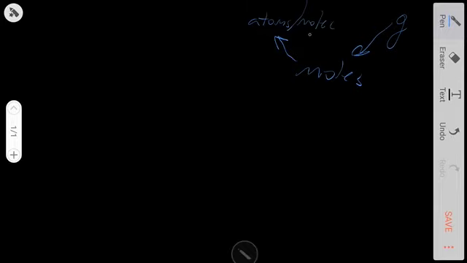Notice you cannot go from atoms to grams directly, or molecules to grams directly. Let's say we have 2 moles of HCl, and I want to know how many molecules that is.